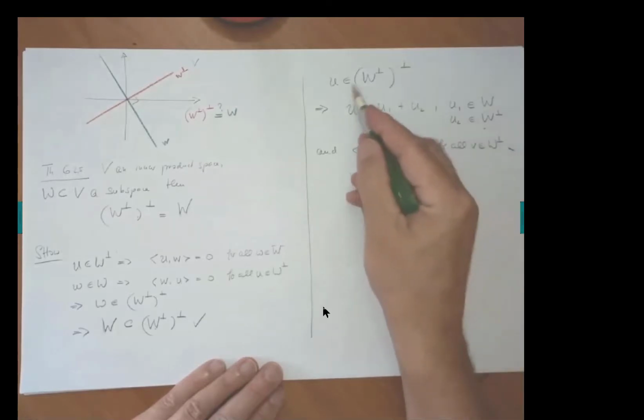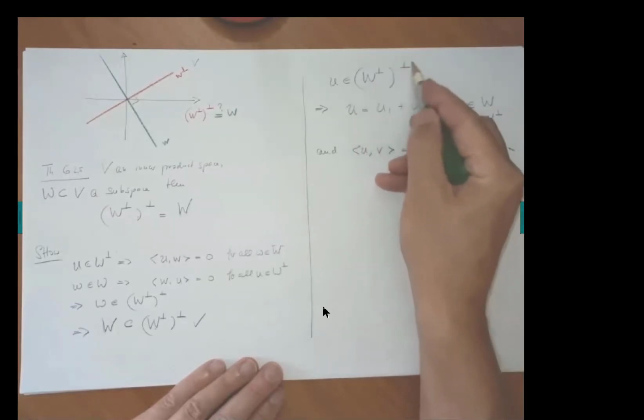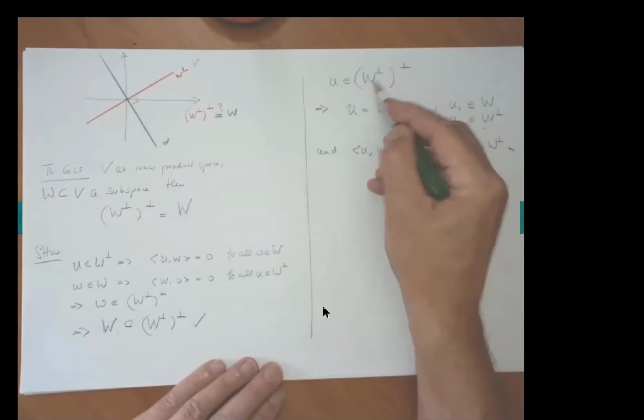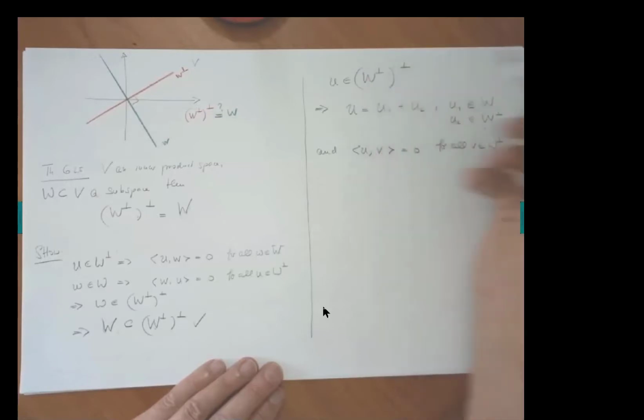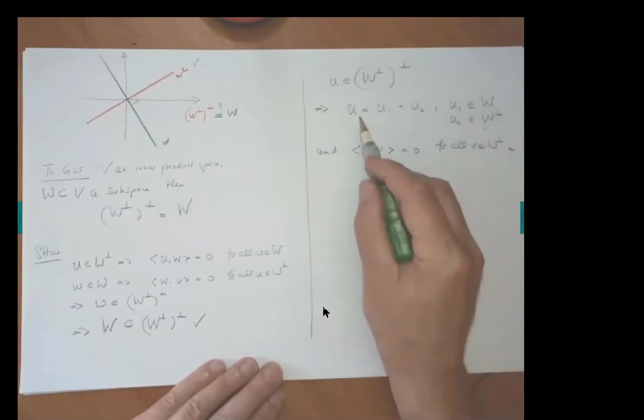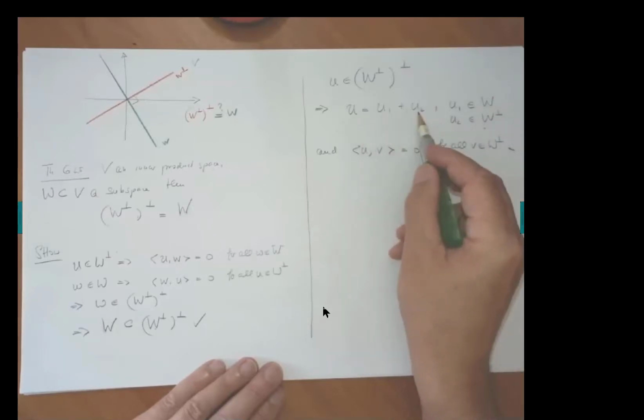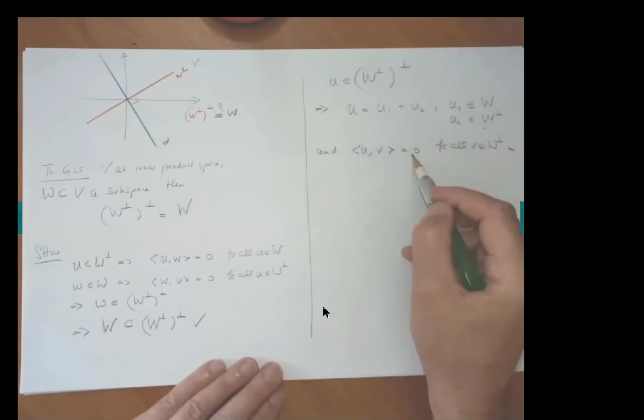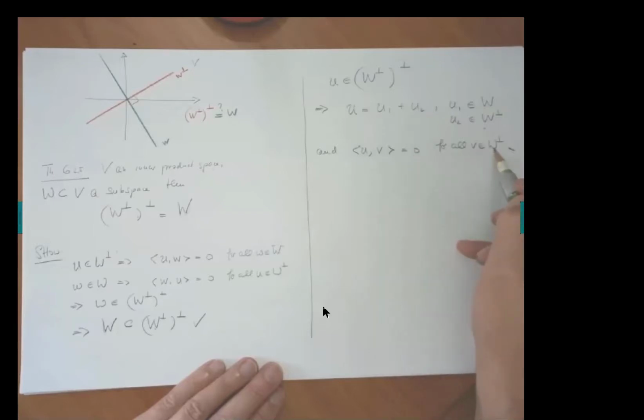That is just the property of what this complement means. It means you have to be perpendicular to every vector here. But now we see that U can be written like this, and the inner product is 0 for every element in W complement. So for sure, I can also multiply by U2.